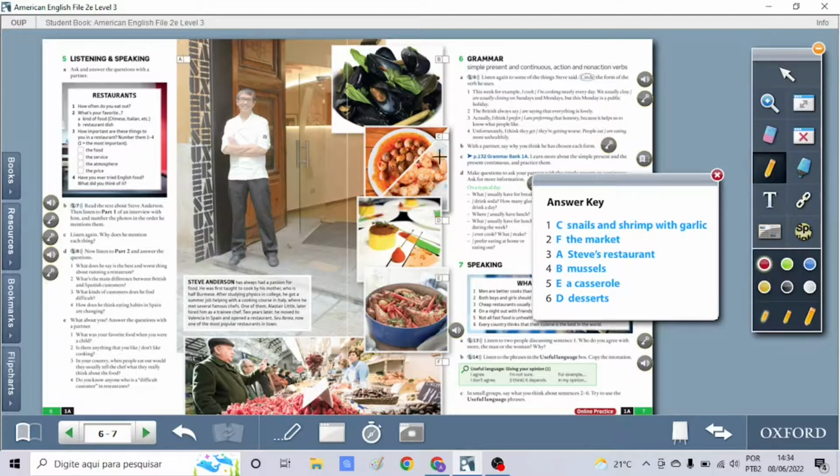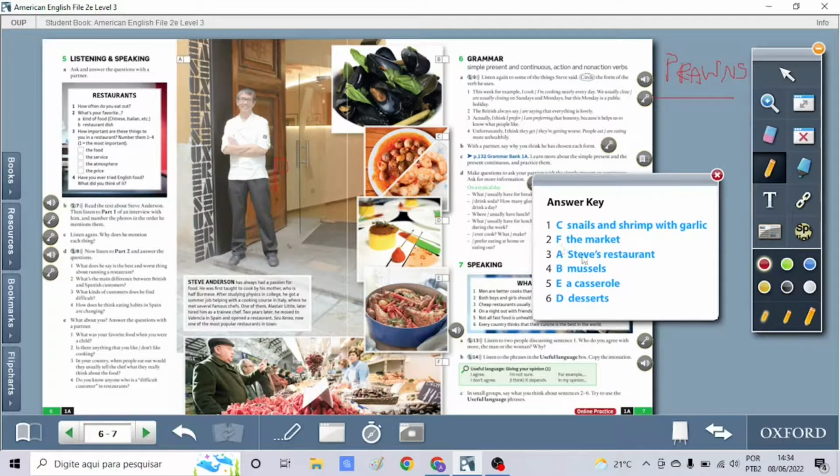If you paid attention, you will notice that you didn't hear the word shrimp. He uses the word prawns. So prawns is a British word for shrimp. Okay, prawns. Snails and prawns with garlic is the same as snails and shrimp with garlic.